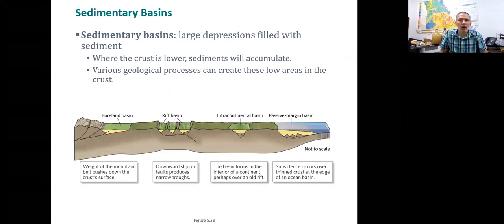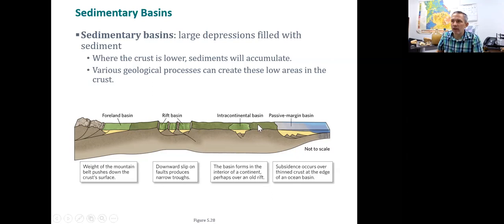One of the other areas that you can end up depositing materials is in basins, which are low-lying areas, and there's lots of different types of low-lying environments that are going to create traps for sediments.